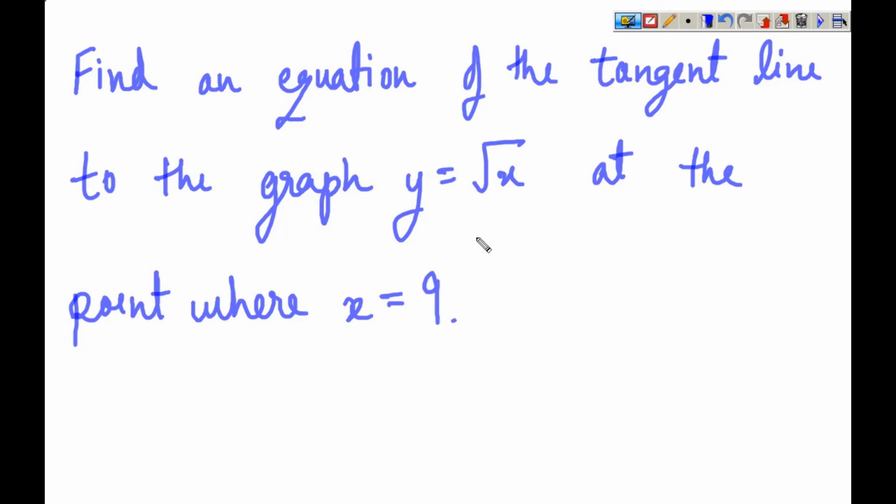So we are given a function under root of x, and we can draw this on a graph, and at the point x equals 9 we need to find the tangent at that point, and we need to find the equation of that tangent line. So let's first make the graph to better understand this.